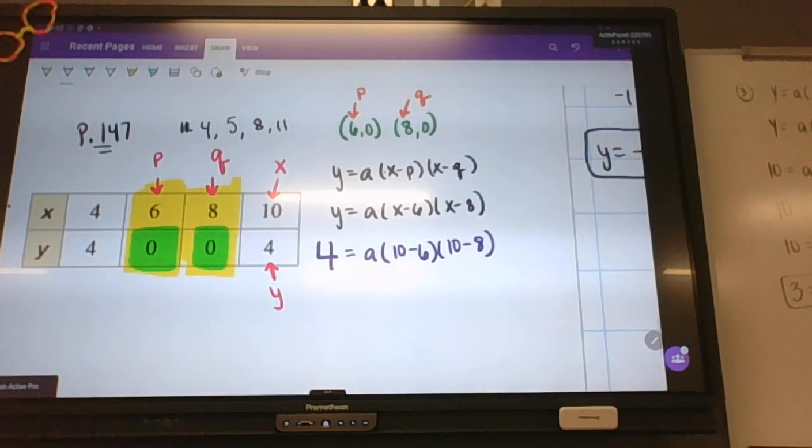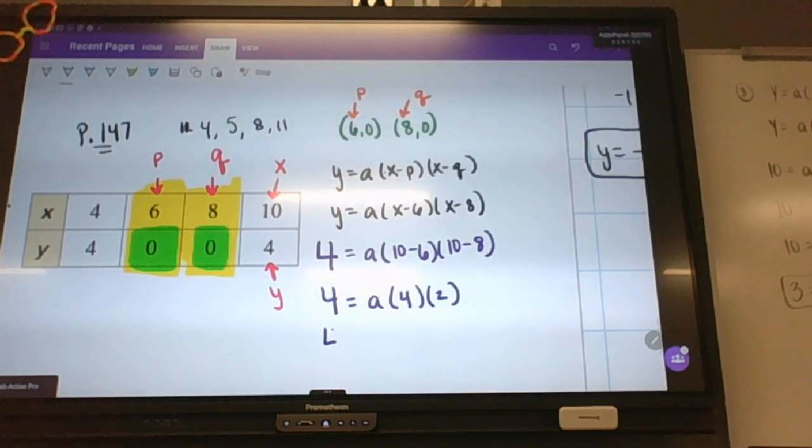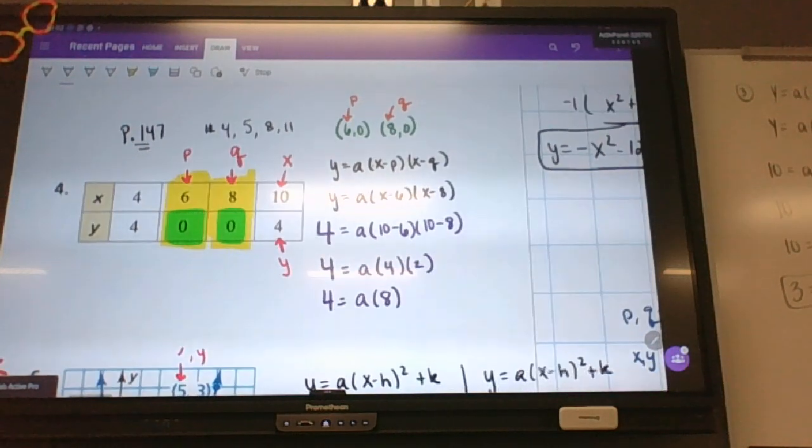Look at that 4. Okay, so that would be 4 equals A times 4 times 2. 4 equals A times 8. Divide. And we figured it out.